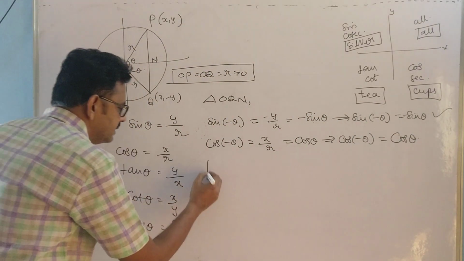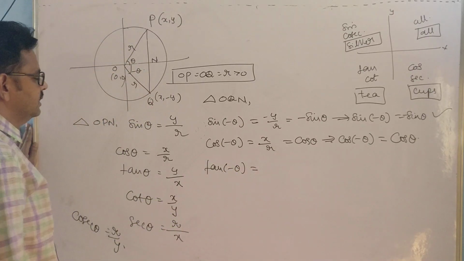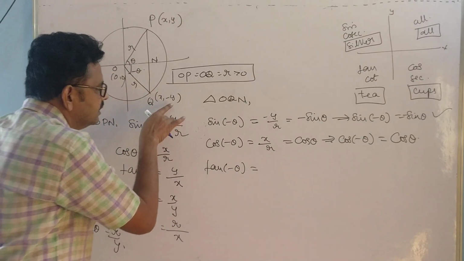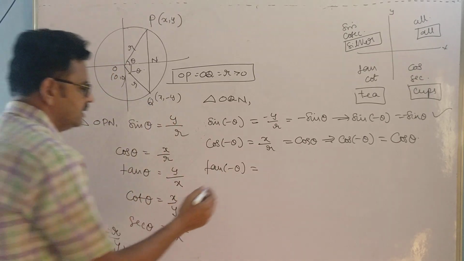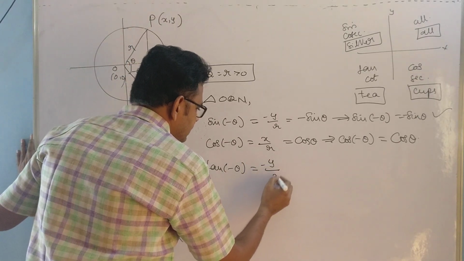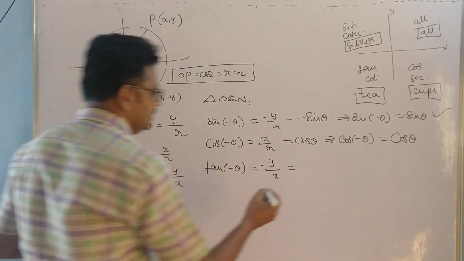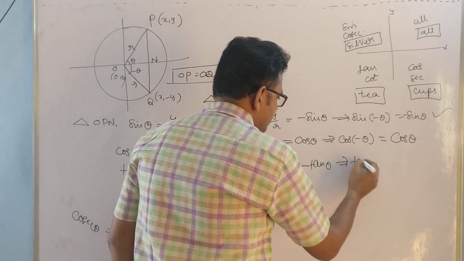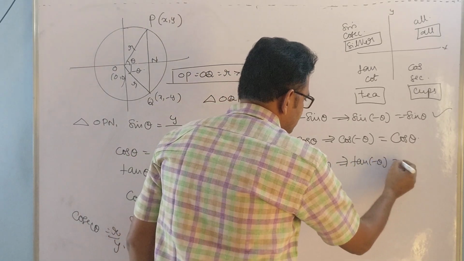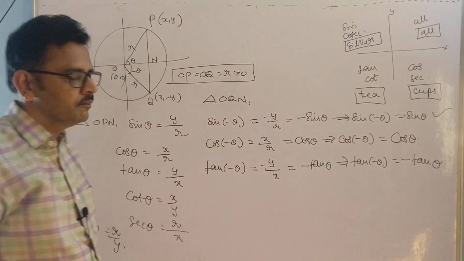Next one, tan of minus theta is ordinate by abscissa, that is minus y by x. That is minus tan theta. So tan of minus theta is equal to minus tan theta.